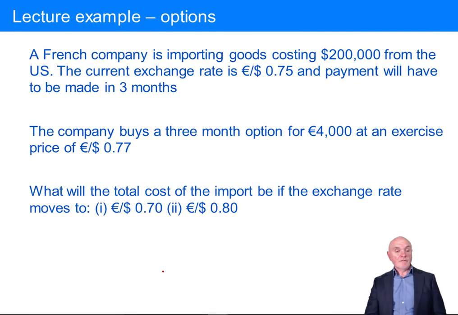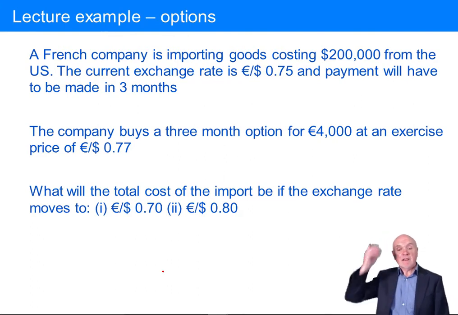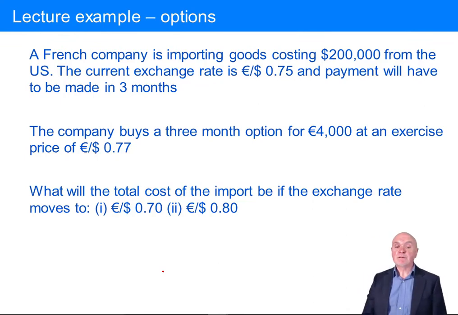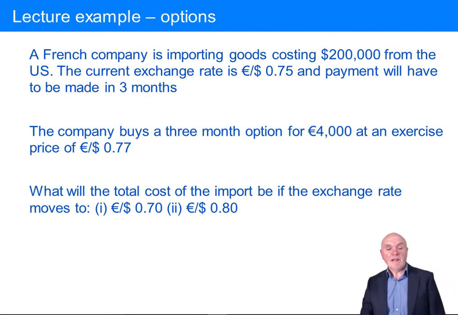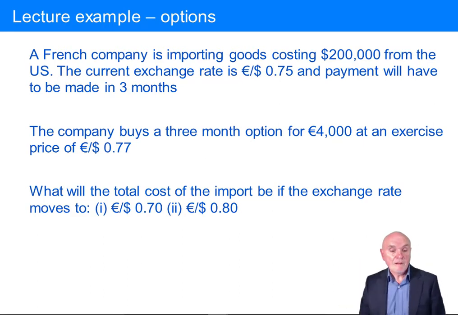So here's one for us to try. Here a French company is importing goods from the US at $200,000. The current exchange rate is 0.75 euros per dollar, and payment will have to be made in three months.